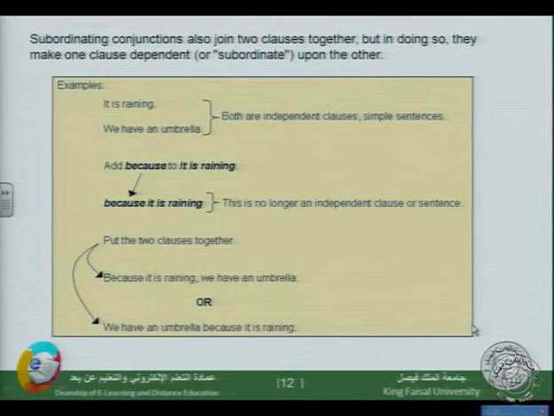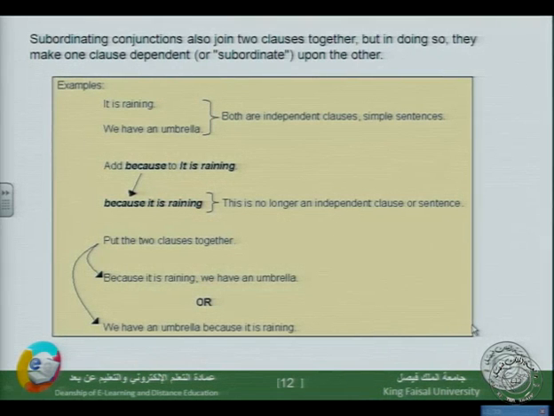Subordinating conjunctions also join two clauses together. But in doing so, they make one clause dependent or subordinate upon the other. For example, it is raining. We have an umbrella. We now have two separate clauses.